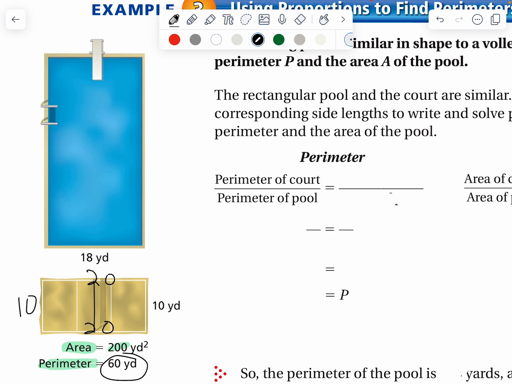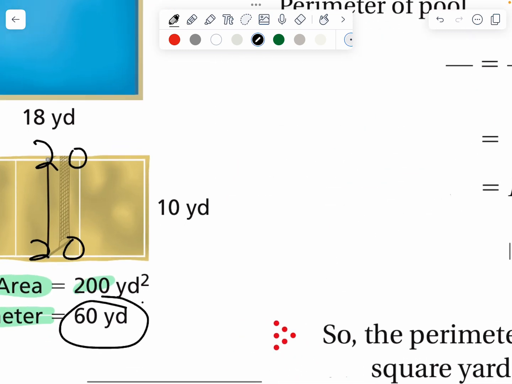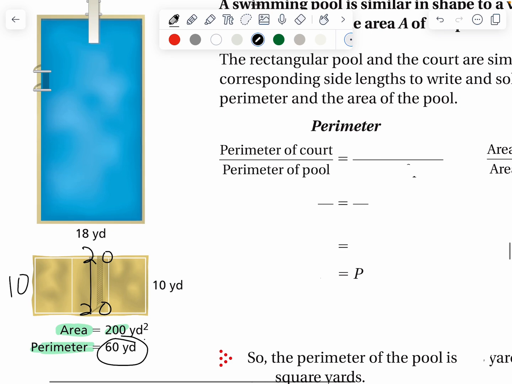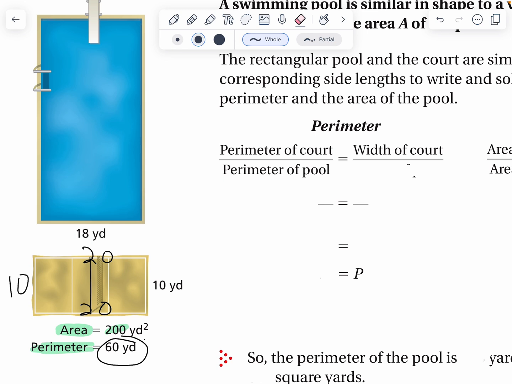All right. So we do have the perimeter of the court. What is the perimeter of the court? It's right here at the bottom. The perimeter of the court is 60 yards. If I plug that in, it should be right here. Okay, that's the width. And then the perimeter of the pool should equal, let me say this again.